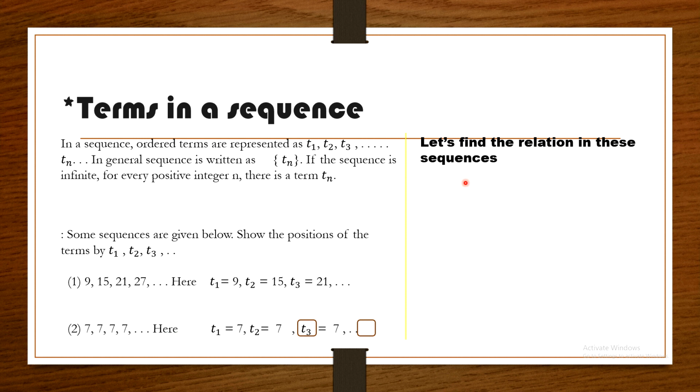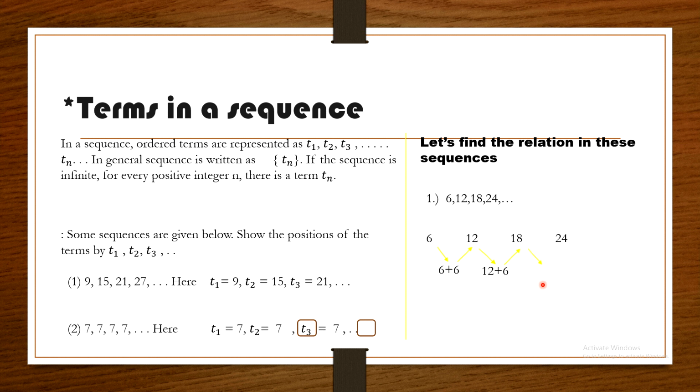Now let's find a relation in the sequence. For example, 6, 12, 18, 24 and so on. By adding 6 to the first term, that means 6 plus 6, we get 12. By adding 6 to 12 we get 18.